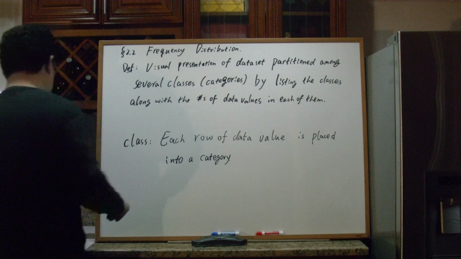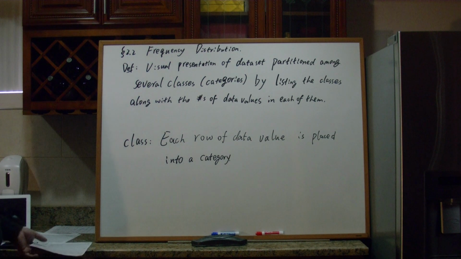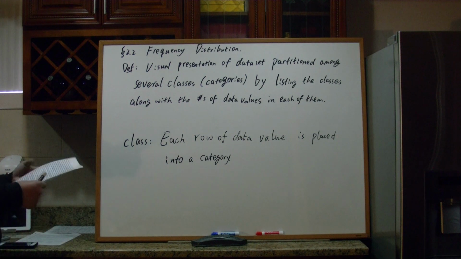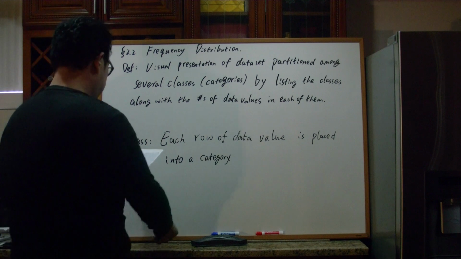Well, each row is a category, basically. Right? The class is simply the row, which is also understood as a category. We'll see an example then, maybe more clearly, to see what the frequency distribution does.